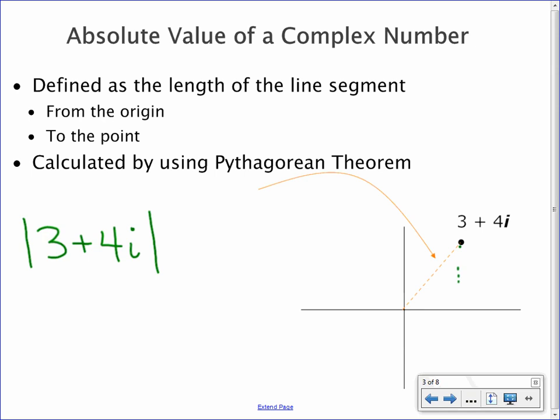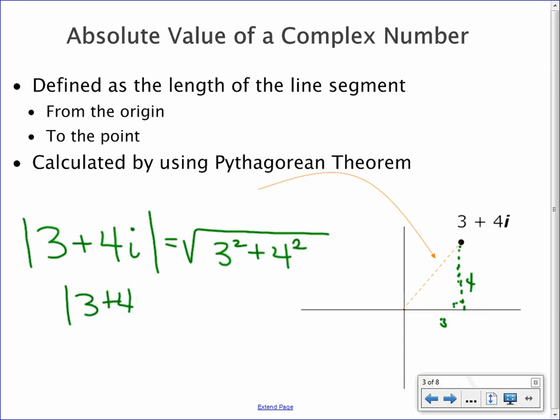We can think of this as a little right triangle, right? So our absolute value is going to be the square root of 3 squared plus 4 squared. We don't need to worry about the i because we're just talking about our distance. And so the absolute value is what? 5.